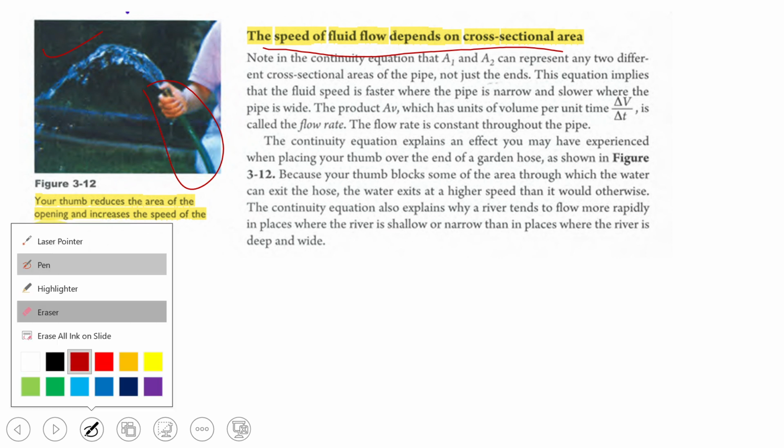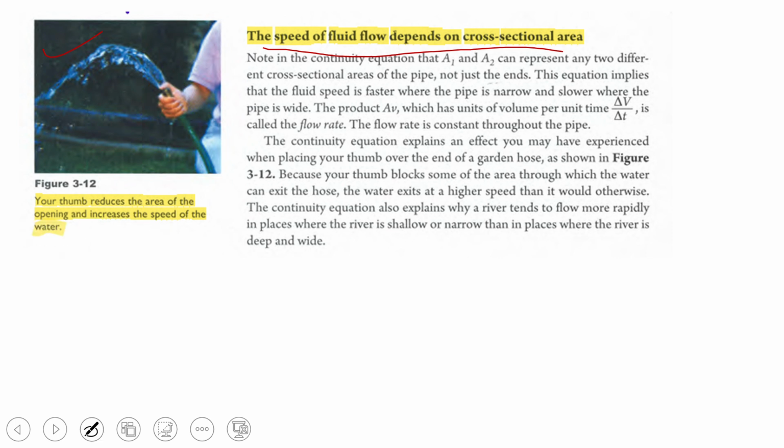Have you noticed that when your mom is going to wash or clean anything, she will put her thumb on this cross section area, right? This is the section of the area. You put your thumb in here, right? Okay, so the area becomes small.